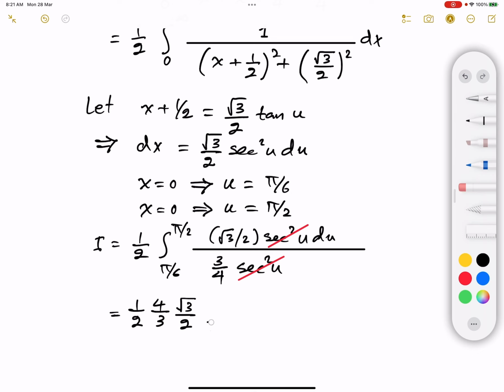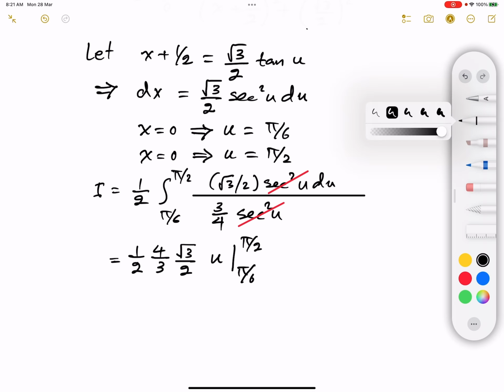Now we can do the integration, because what we're left with is du, right? So du would give us u, the integral from pi over 6 to pi over 2. That's what we need to substitute the limits for. Now we can notice that the 4 gets cancelled with this and this.